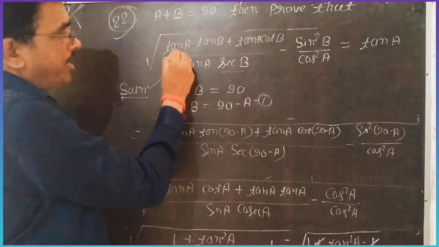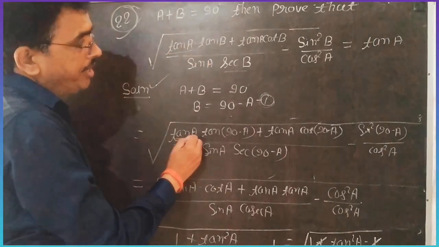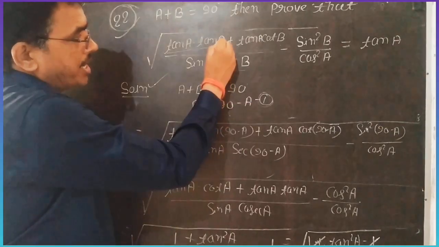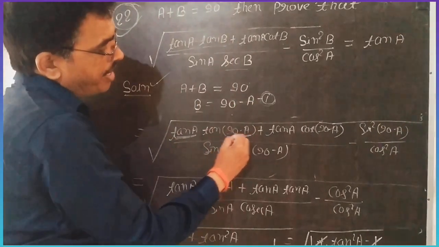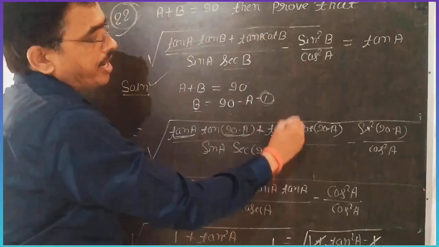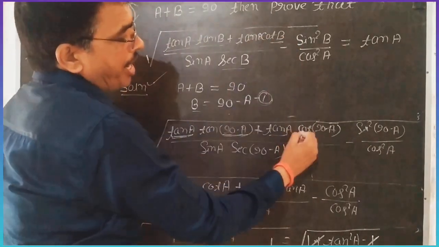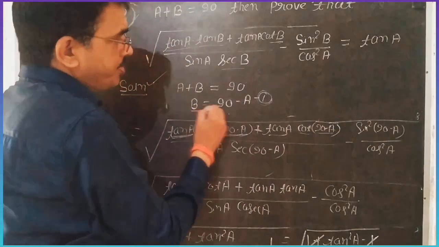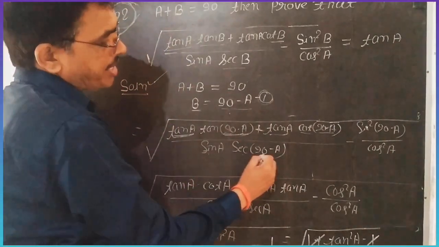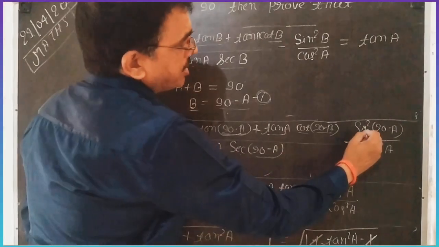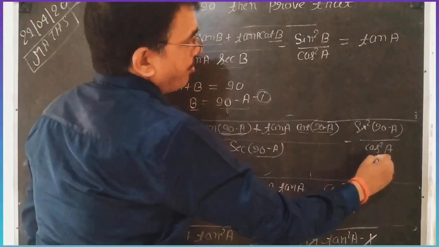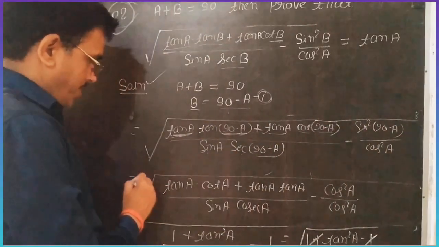See here. Here is tan A, I write tan A. Here is tan B, so B changes into 90 minus A. So this B we write here as 90 minus A. Plus tan A, I write tan A. This is cot B, I write cot 90 minus A because B is 90 minus A. Sin A, this is sec 90 minus A, minus sin square B, so B changes into 90 minus A, by cos square A. What is it here?